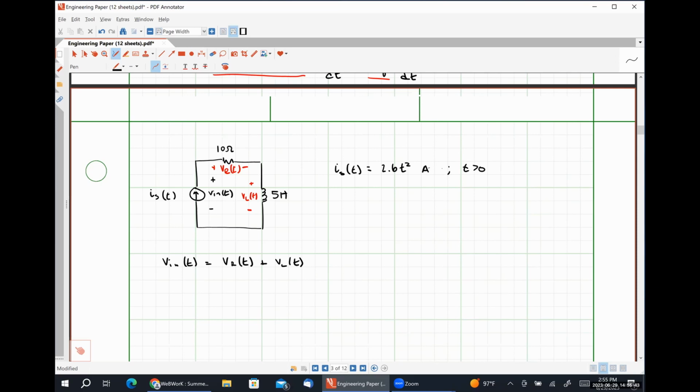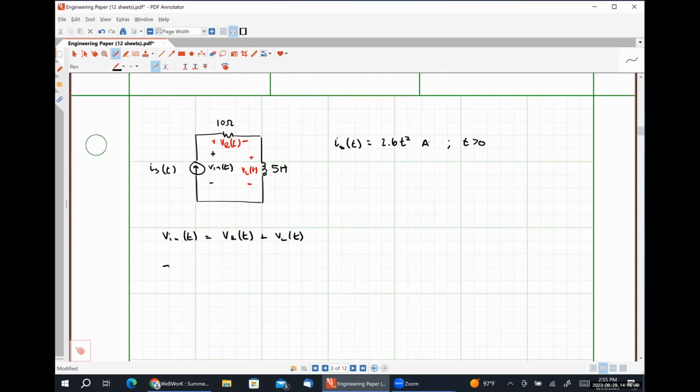Okay, so what do you think VR is going to be? Let's start there. Do we need the current first? What's Ohm's law tell us? The voltage drop across a resistor is the current flowing through the resistor times the resistor value.